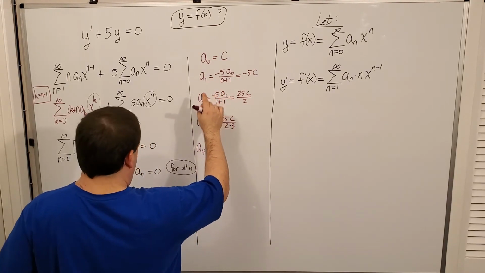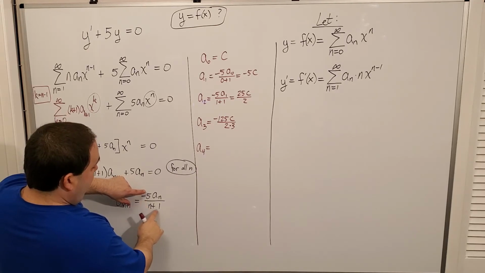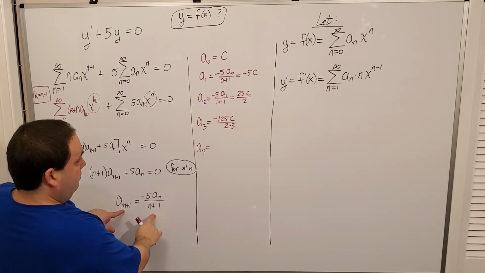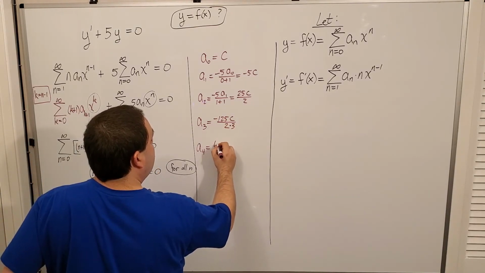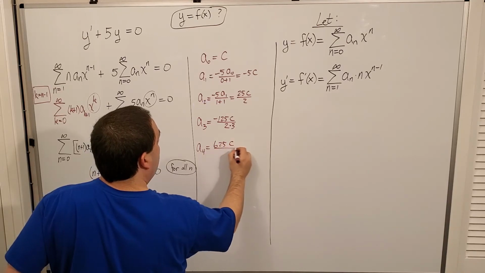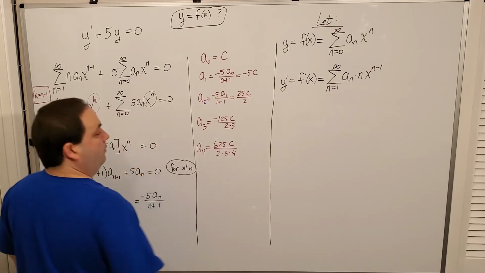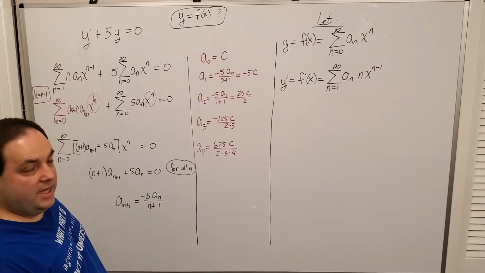If I multiply by negative 5 and then divide by 4, because it's going to match the subscript there, that's going to give me 625C over the 2 and the 3 that were already there. I'm dividing again by 4. Okay, so by now I'm hoping you're seeing a pattern.